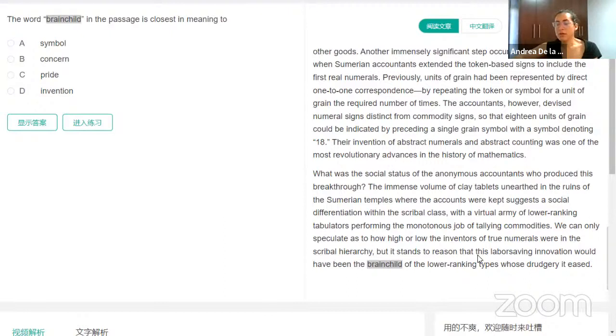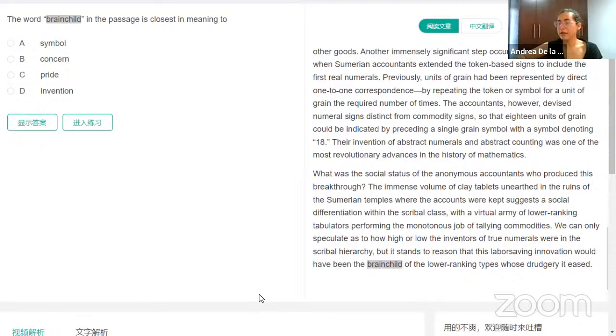The symbol of the lower ranking types, I don't know. Aquí están hablando de qué, de quién inventó el writing, ¿no? Dice, no solamente podemos especular as how high or low the inventors of true numerals were in the scribble hierarchy. Entonces, ¿qué tan altos o bajos estaban los inventores de los números en la hierarchy? Es como la jerarquía, ¿no?